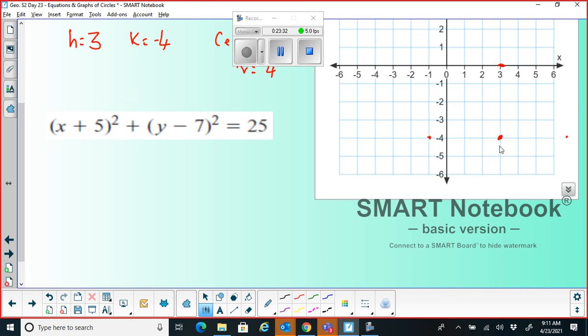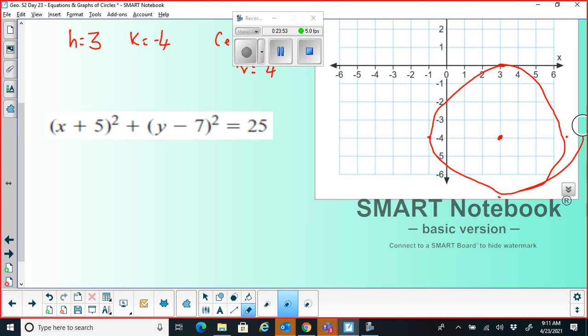So it has to pass through this point. 1, 2, 3, 4. Okay. I'll just be drawing the circle roughly, but it has to pass through all the 4 points which are at a distance of 4 units. I hope I've given you a brief idea of how to construct.